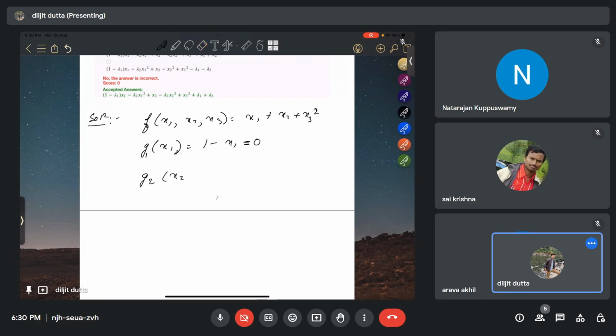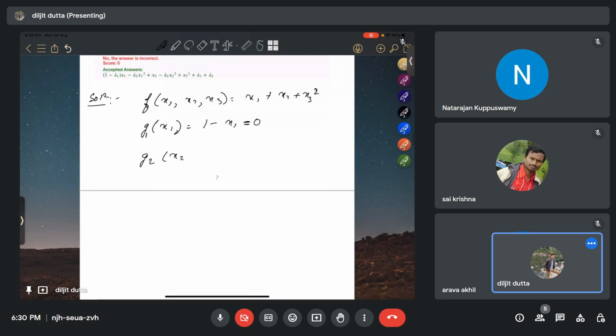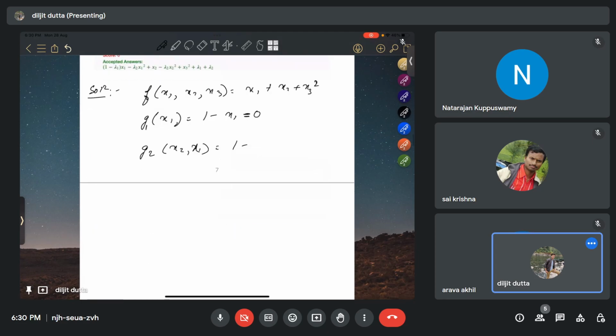G2 of x1 and x2 is 1 minus x1 square minus x2 square equal to 0. So these are the constraints, right?